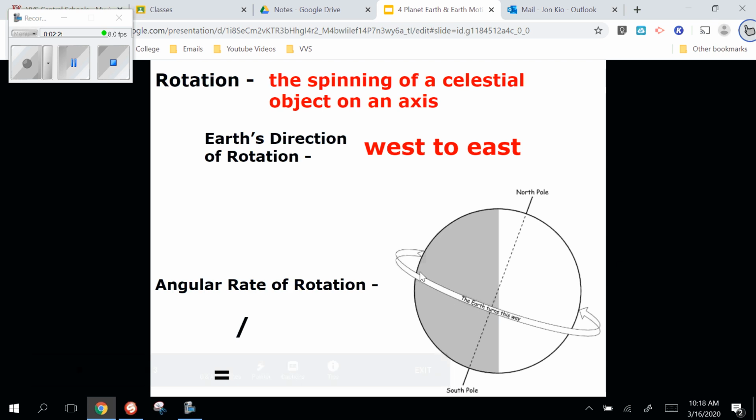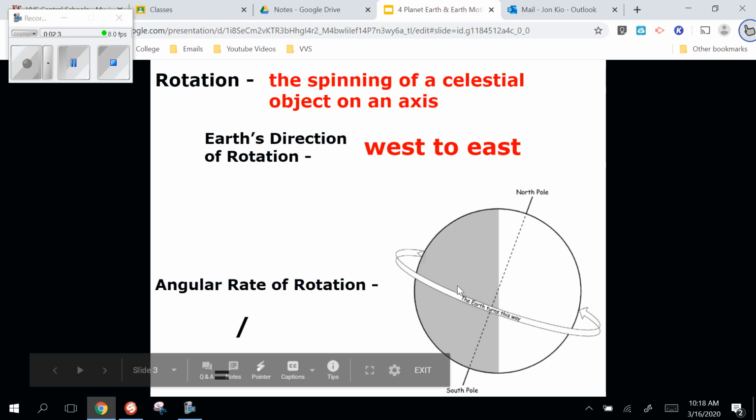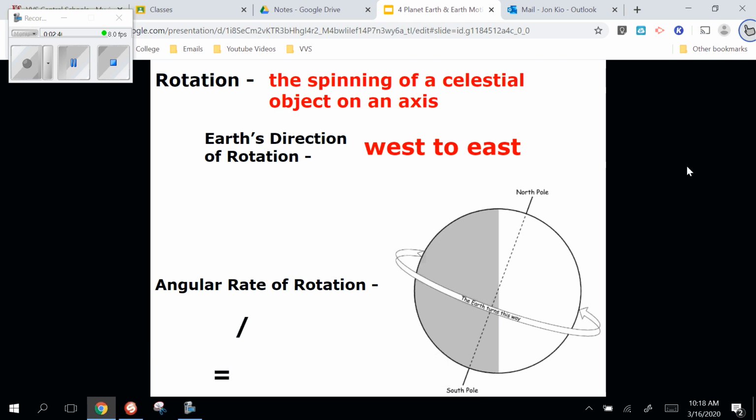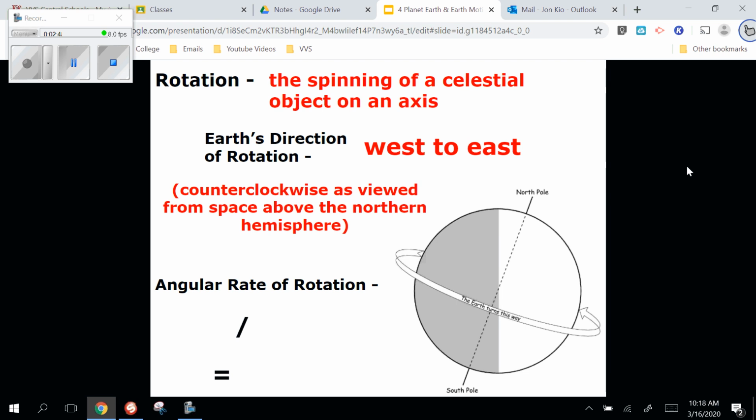So anybody sitting on the Earth, as they rotate in, the east side is going to go into the light first, and then on the other side, it's going to go into the dark first. All right? So the sun rises in the east, sets in the west. That's where that comes from. All right? Now, what is our rate of rotation? We already established this from the last one. Counterclockwise, 360 degrees.